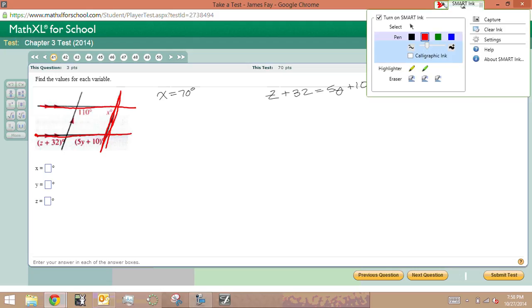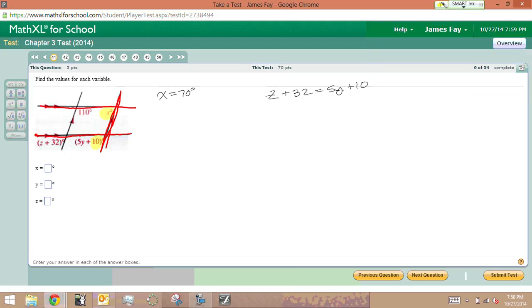So now that's going to provide us that angle there and that angle there. They are corresponding as well. So this angle here was 70, so we'll say 5y plus 10 is equal to 70. 5y then will equal 60, and y will end up being 12.